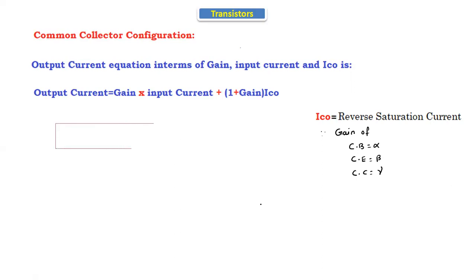Now let's apply these gains and the output current and input current to the formula. The output current of the common collector configuration is indicated by IE.